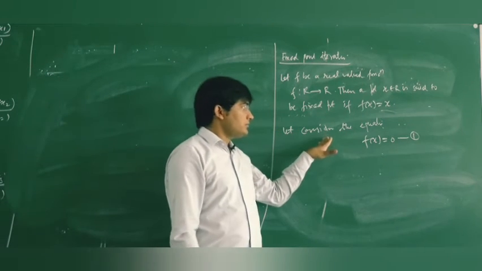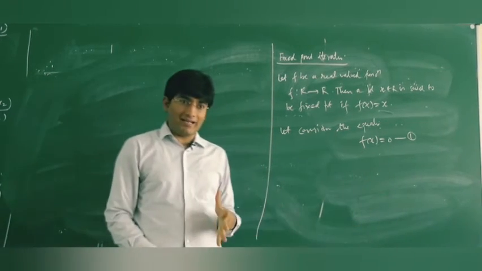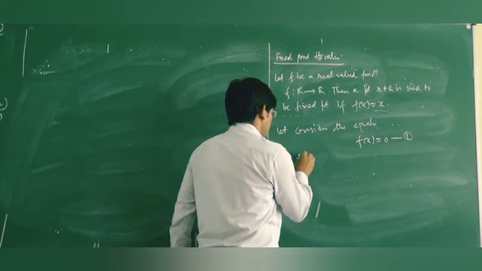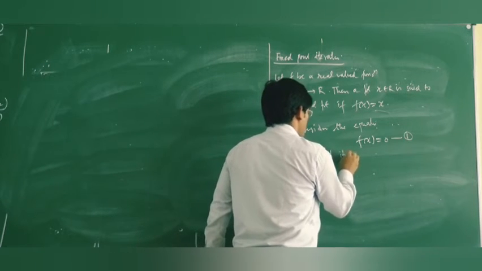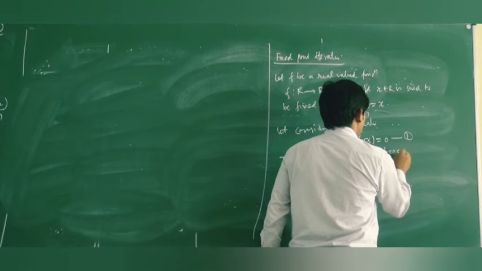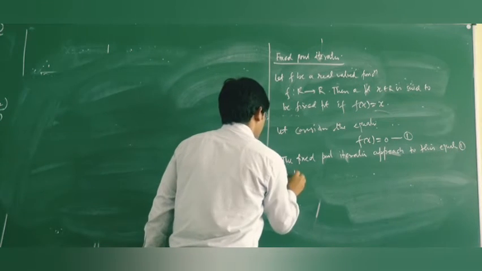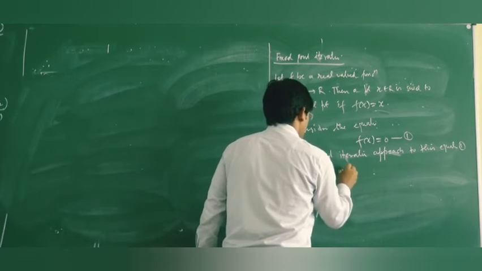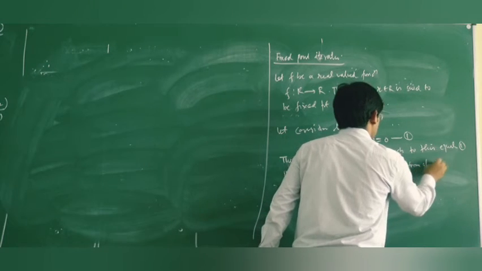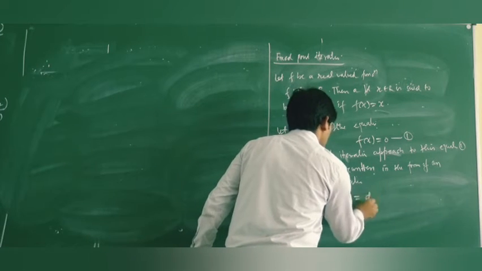Now the fixed point iteration approach to this equation 1 is that it is rewritten in the form of an equivalent relation x equal to phi of x.